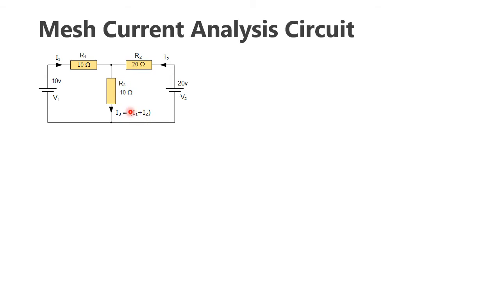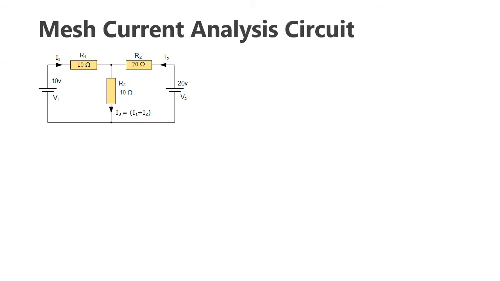As we previously learned, according to KCL, at this node I1 and I2 are coming towards the node, but I3 is leaving the node. Therefore, if we use the KCL law, I1 and I2 will be equal to I3. So that's why we have mentioned here, I3 is equal to I1 plus I2.